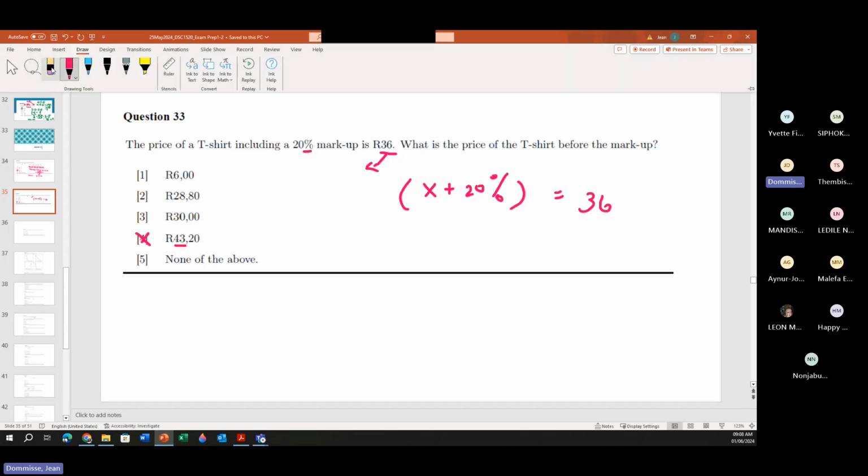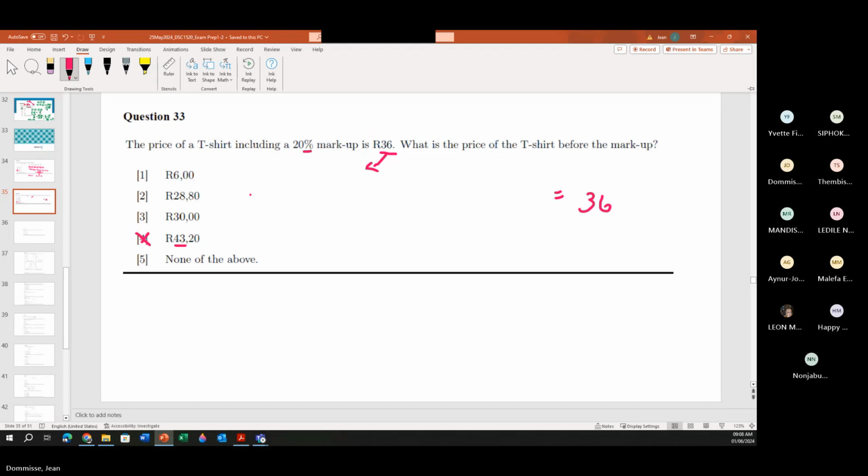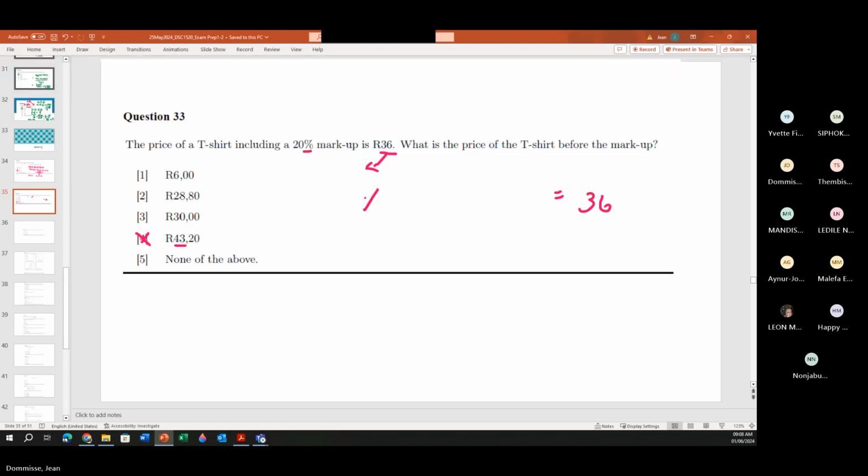Let's quickly write it a bit differently, because that 20% did not link to anything.